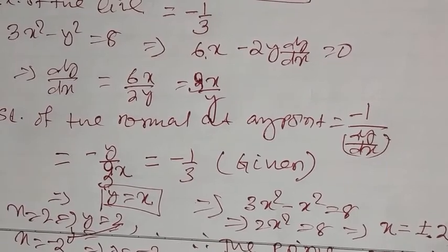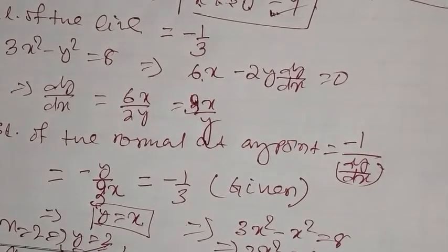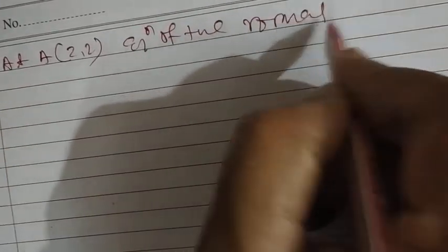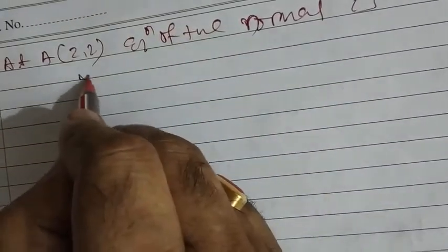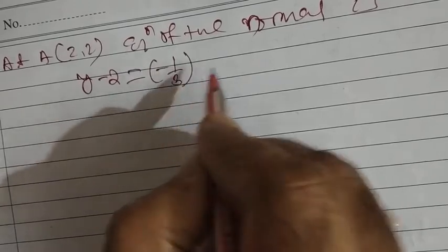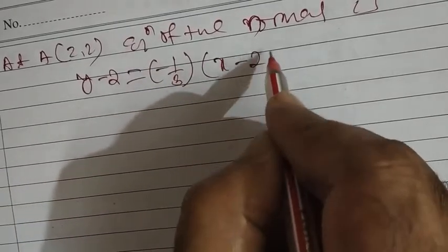Now, I need the equation of the normal at these points. Slope to hamare paas hai. Slope is minus 1 by 3. Okay. Then at A (2, 2), the equation of the normal is y minus y1 equal to m, minus 1 by 3, into x minus x1.